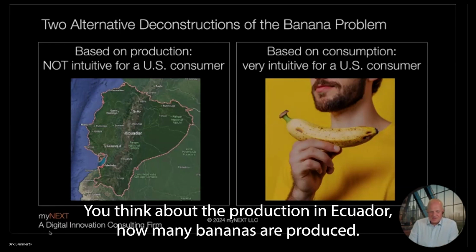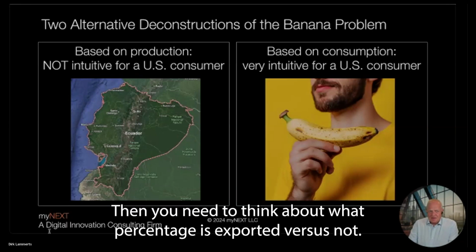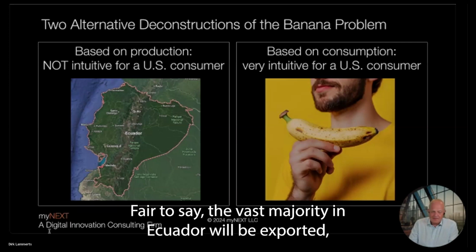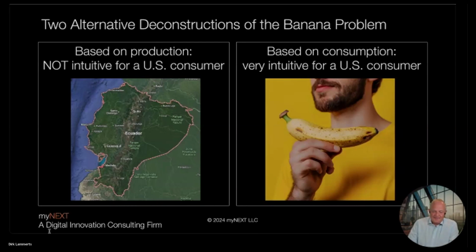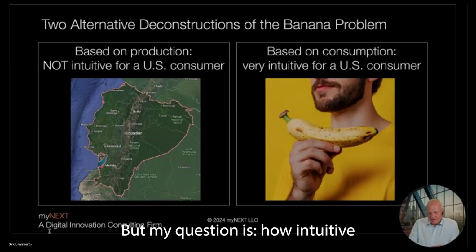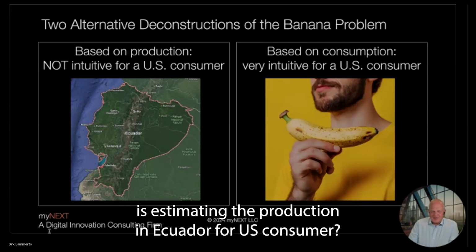You think about the production in Ecuador, how many bananas are produced, then you need to think about what percentage is exported versus not. Fair to say the vast majority in Ecuador will be exported, which is probably very different from the banana production in India. But my question is, how intuitive is estimating the production in Ecuador for a US consumer?